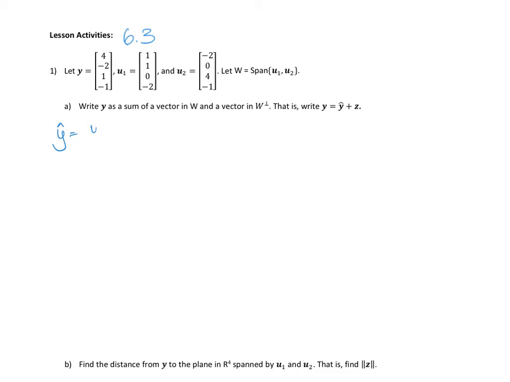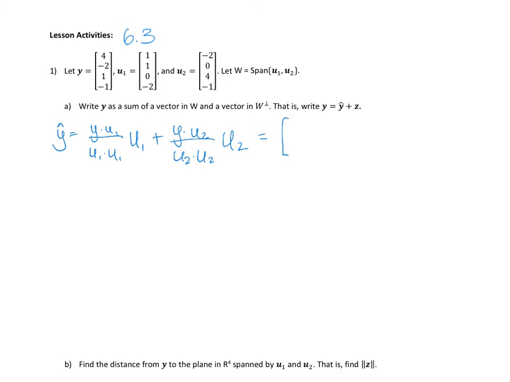It is y dotted with u1 over u1 dot u1 times u1 plus y dotted with u2 over u2 dot u2 times u2. And if there were a third vector, u3, forming the plane W, then I would have another term, y dotted with u3 over u3 dot u3 times u3. But I don't, so this is all I've got.